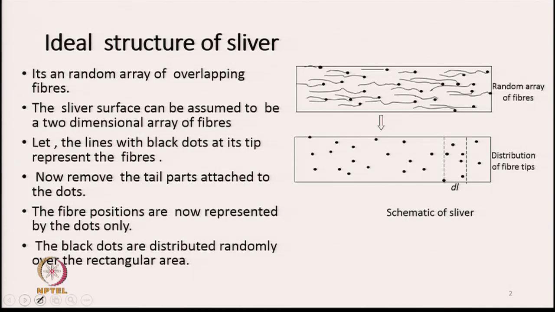Now, what we find in that rectangle is these black dots are randomly distributed over this rectangular area. So, fibers are randomly distributed, as we can see them as dots on an area.